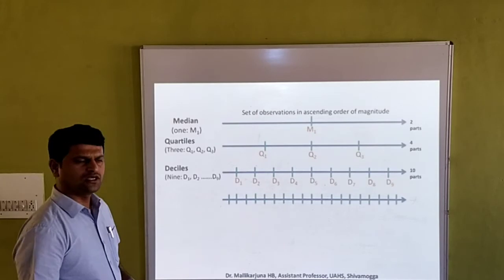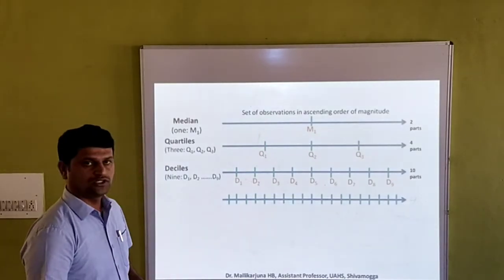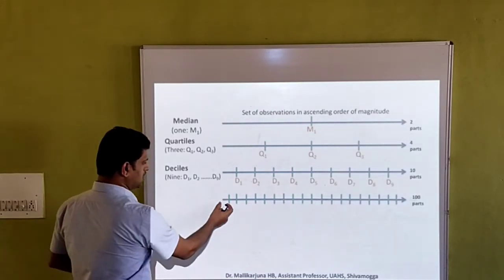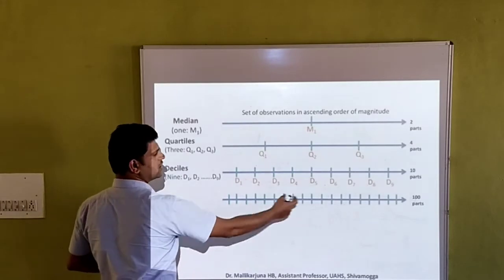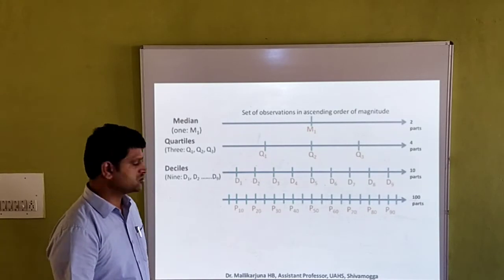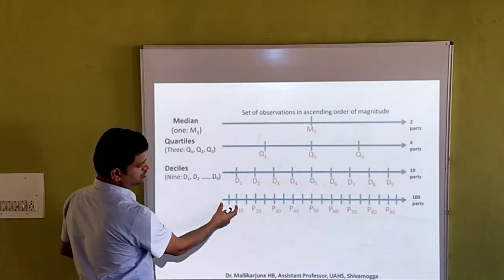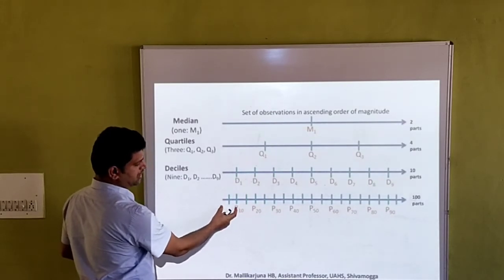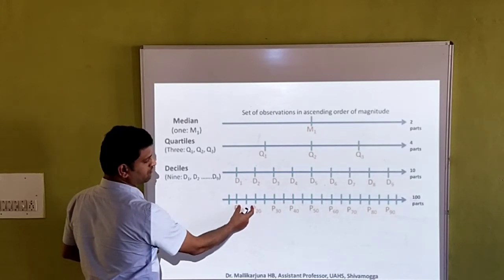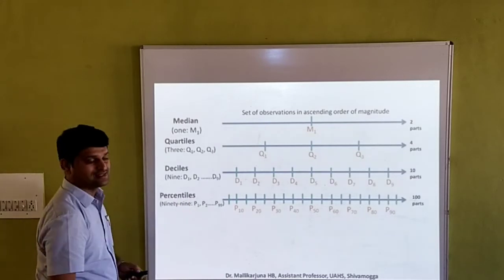Now I take the same set of observations with more values, and divide the whole series into 100 equal parts. I am using the notations P10, P20, and so on. These are known as percentiles.